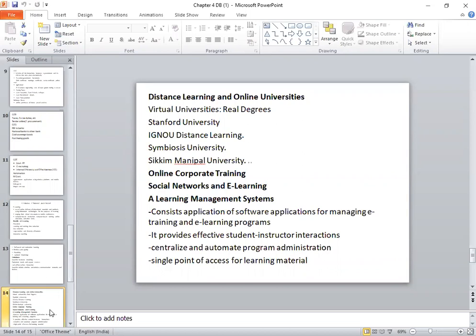Next is the learning management systems. Now, it consists of software applications basically for managing e-training and e-learning programs. Now, we say here already mechanized programs are built with built-in functions.